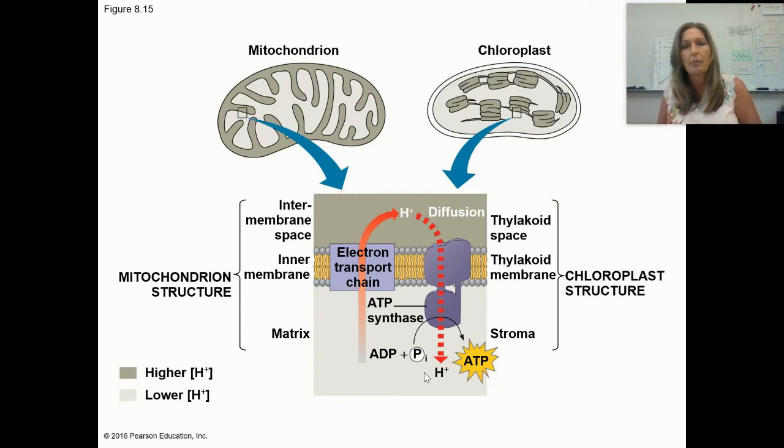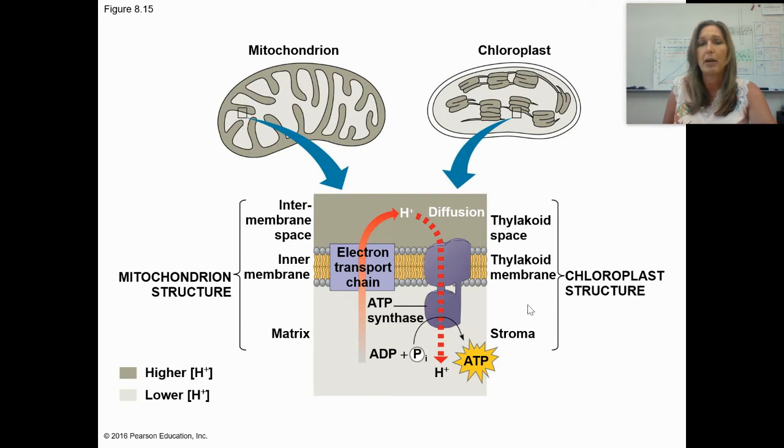Now, before we talk about that, we need to make sure that we are addressing the similarities and the differences between chemiosmosis and electron transport in the mitochondria and that of the chloroplast. What I need you to recognize is that in the mitochondria, the cellular respiration electron transport chain is happening in the inner membrane of the mitochondria.